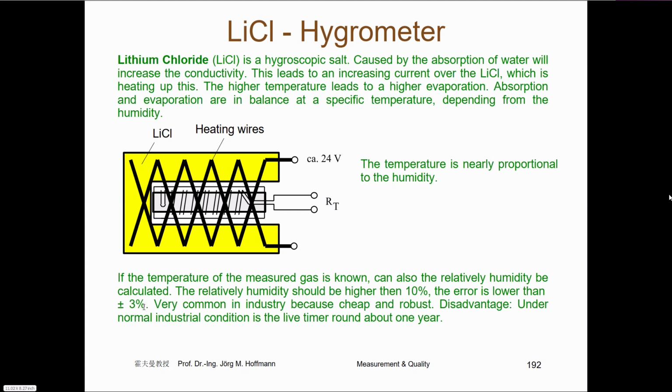That is, for industrial applications, a very normal value, plus minus 3%. Many sensors are in this range. And therefore, because the sensor is very cheap and very robust, it is often used in the industry.